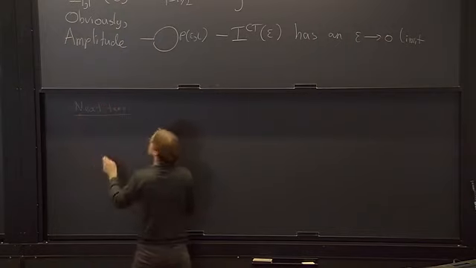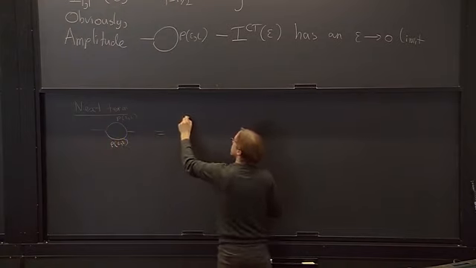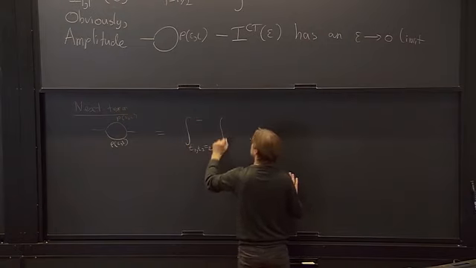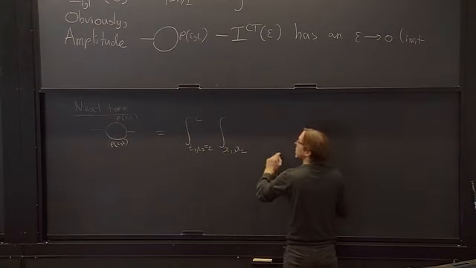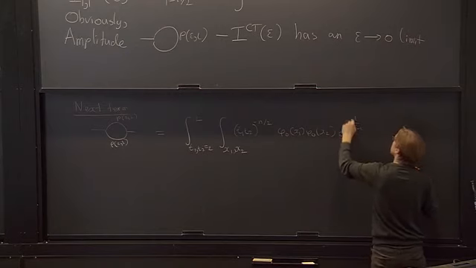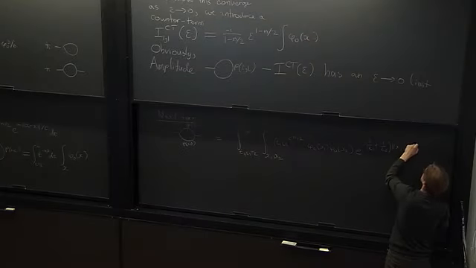So once I've regularized, this becomes the integral over x1 and x2, of t1, t2 to the minus n over 2, phi 0 of x1, phi 0 of x2, e to the minus 1 over t1 plus 1 over t2, times x1 minus x2 squared.